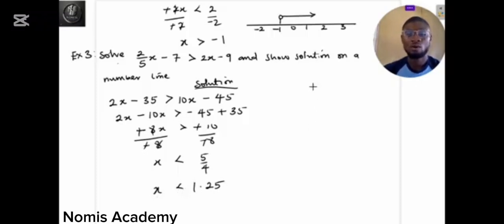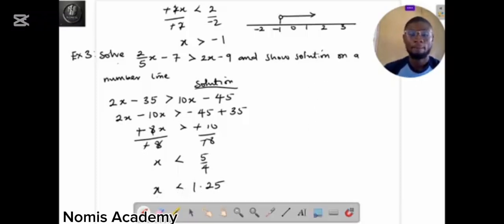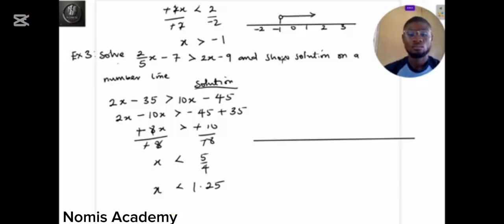How do I represent this on a number line? So I'm going to put my scale on a point where I will get 1.25. I can decide to take it by 0.25, 0.25, 0.25.